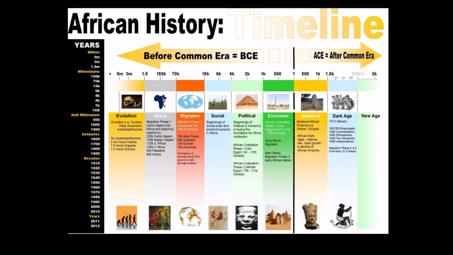My job is to try and help you establish connections. So we're using this measurement of time for you to be able to start critically thinking about history and when events occurred.